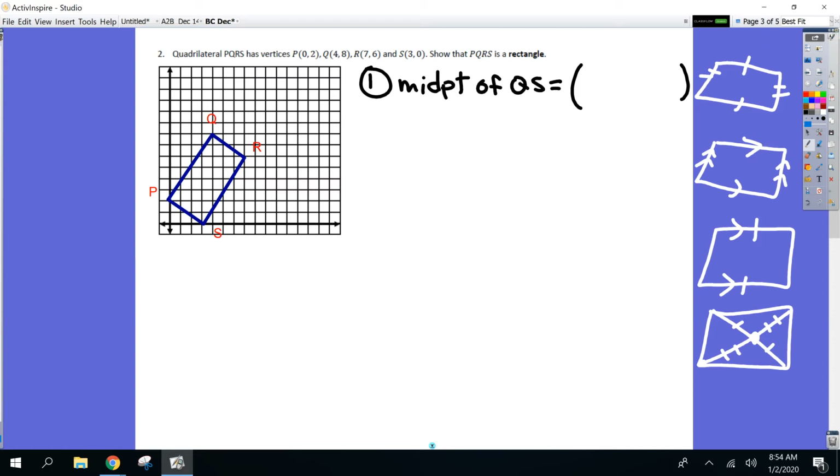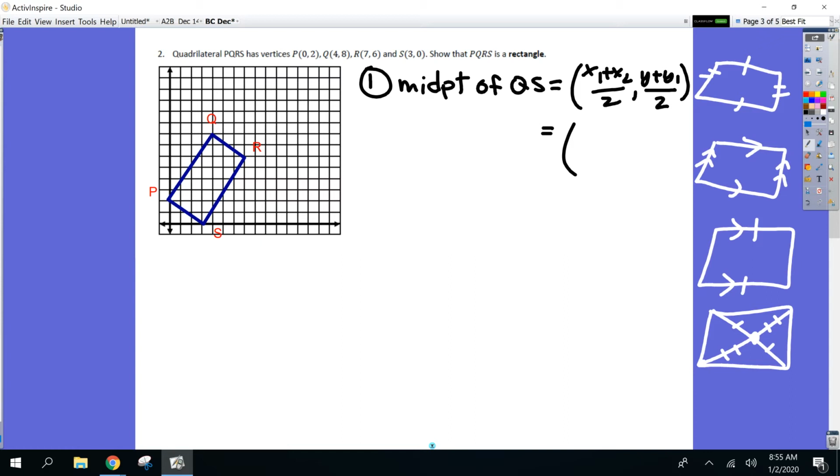We got to review that. Add your x's and divide by 2. Add your y's and divide by 2. All right, I'll do that with you. So everyone look at the coordinates of Q and S. What are the x coordinates in Q and S?